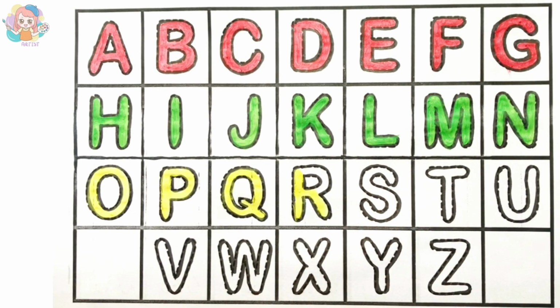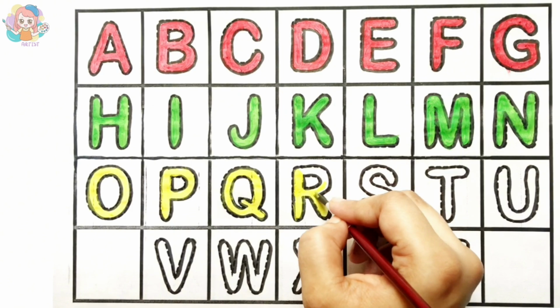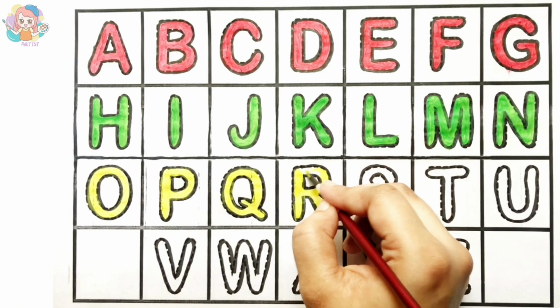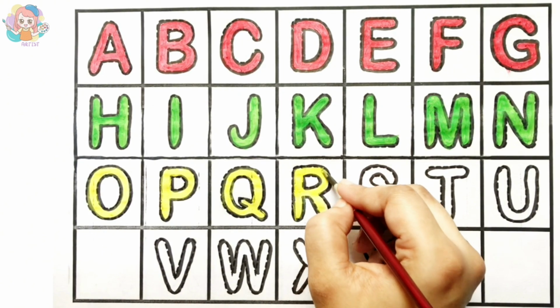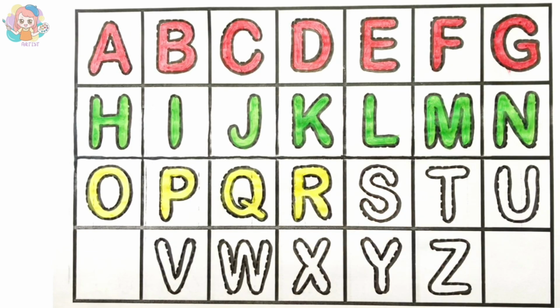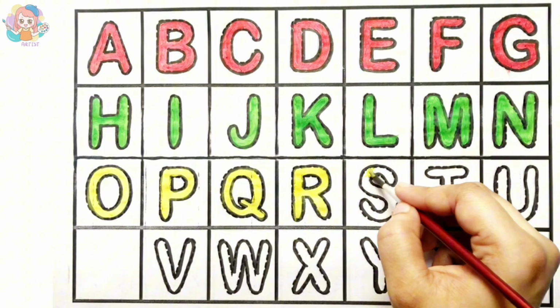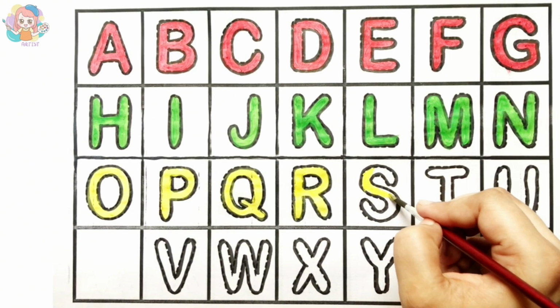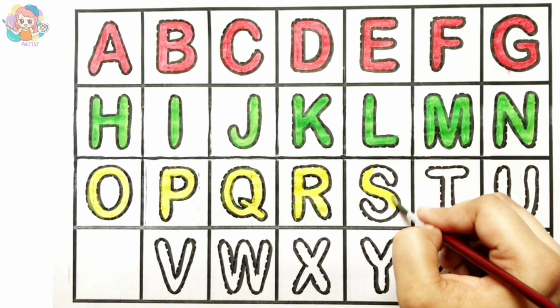A B C D E F G H I J K L M N O P Q R S T U V W X Y and Z. S for Santa.